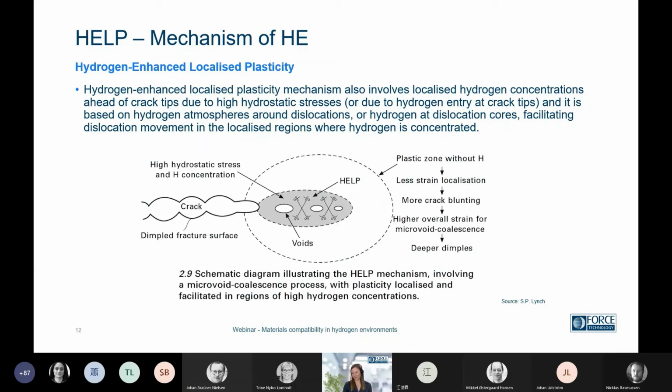I won't go into very detailed explanations of these, but we do have different mechanisms of hydrogen embrittlement. This one is HELP, hydrogen enhanced localized plasticity. Here again, we have an illustration of the plastic zone in front of the crack tip and voids forming.